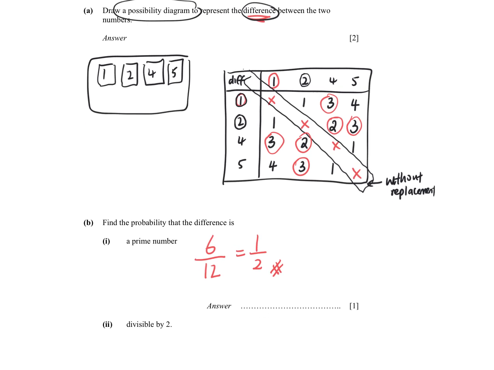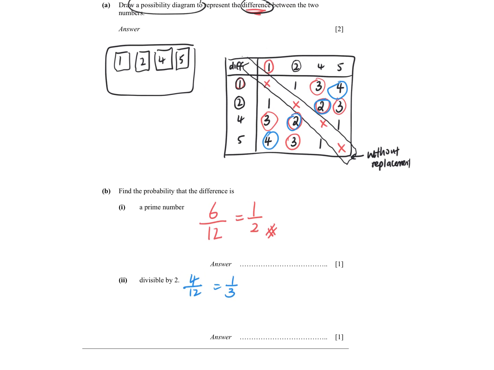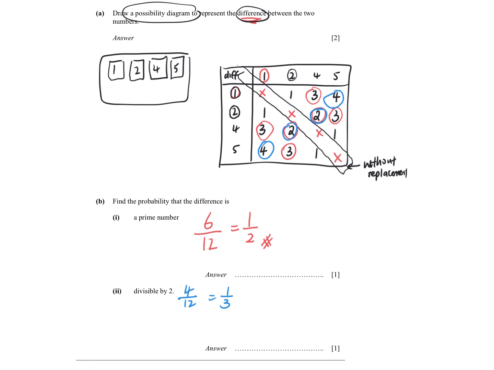Okay, then it's divisible by 2. So 2 and 4, 2 and 4. So you have 4 out of 12. So this is a possibility diagram, chapter 3.